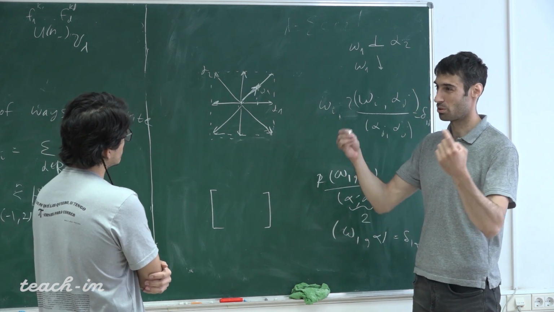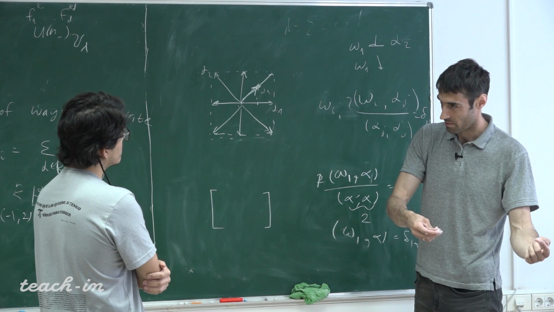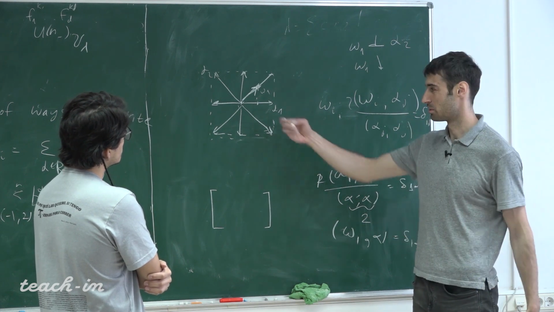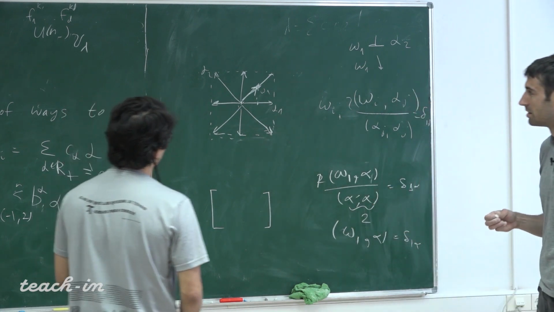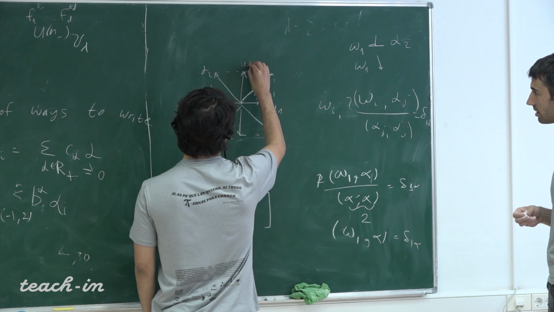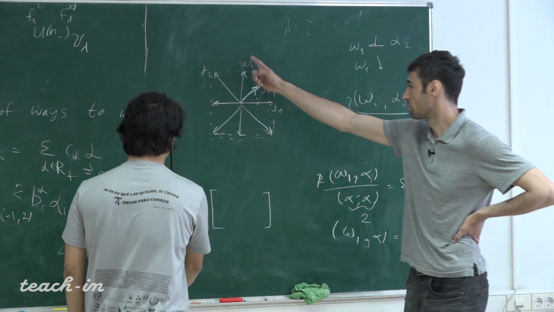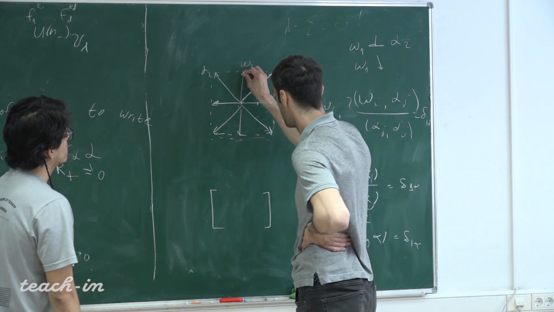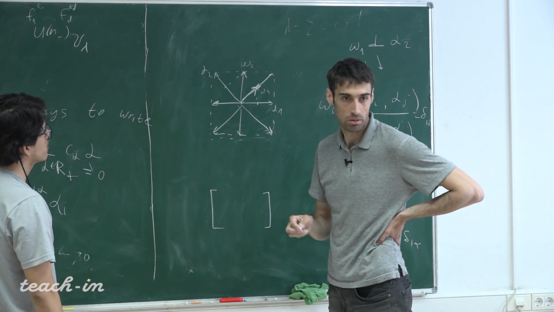So omega 2 is orthogonal to alpha 1, and it projects to half of alpha 2. Can you please find it here? It should be this one. Yes, exactly. So it's orthogonal to alpha 1 and projects to half of alpha 2.